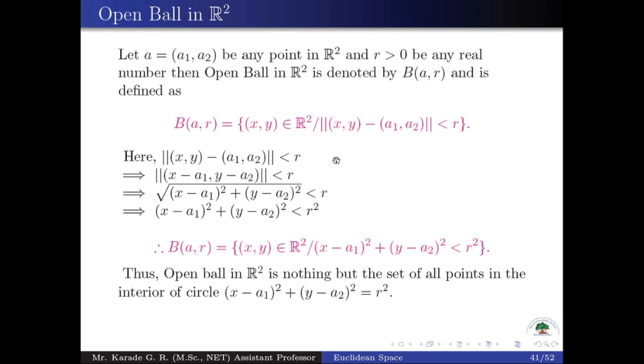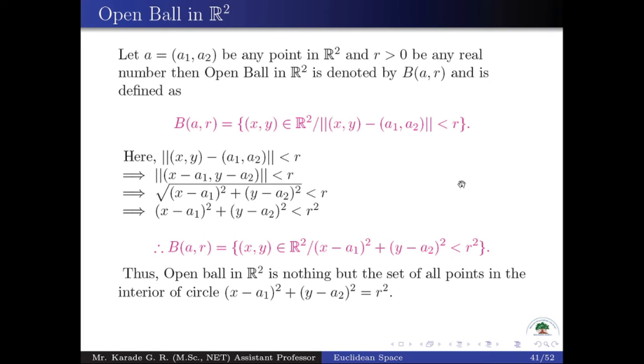So from this discussion we conclude that the open ball in R2 is nothing but the set of all interior points of the circle with center A and radius r.